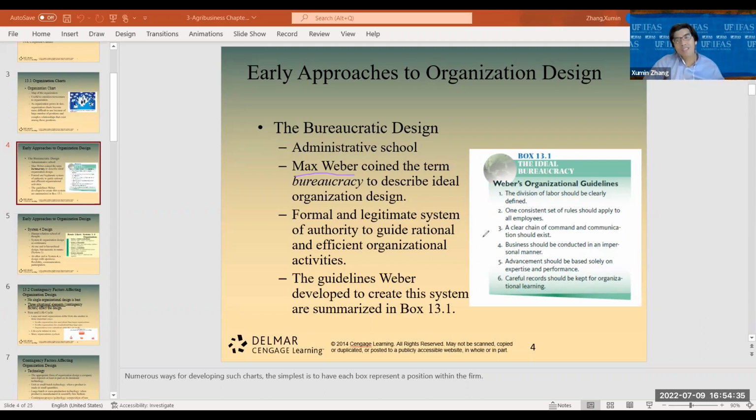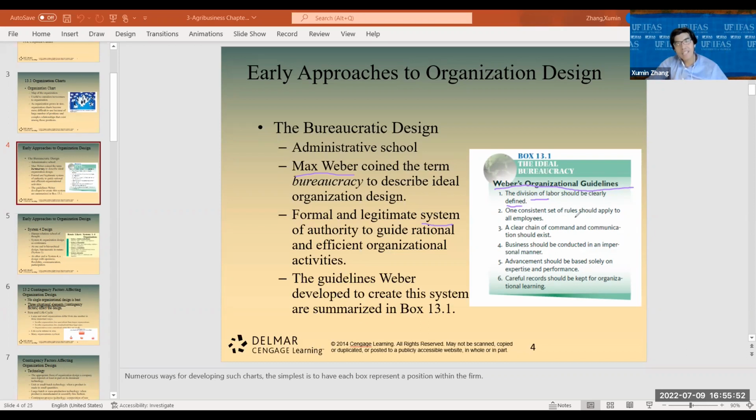It only cares about the structure, right? We have the positions, and those positions fulfill this responsibility. Think about the organization chart. They have the authority, they have the responsibility, and they make sure the job gets done. The activities, departments, or positions should be clearly defined.